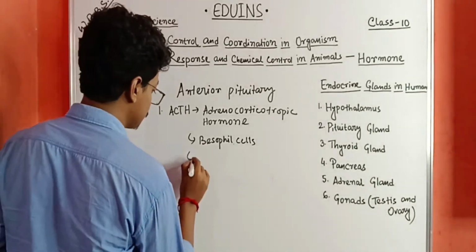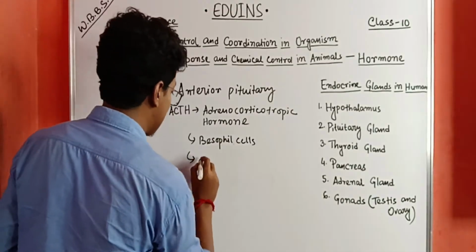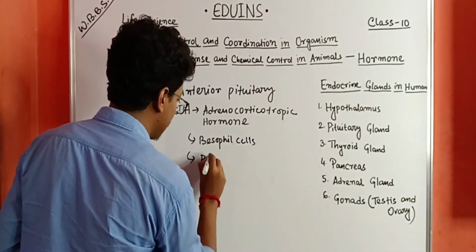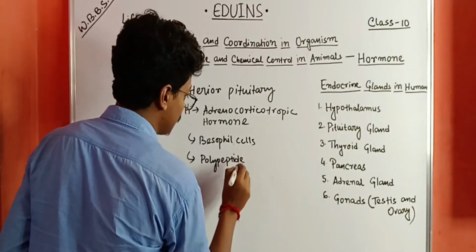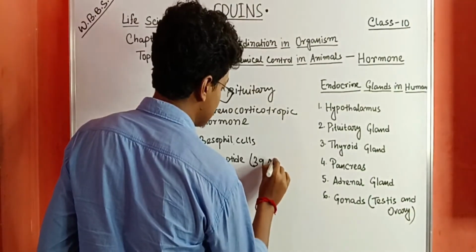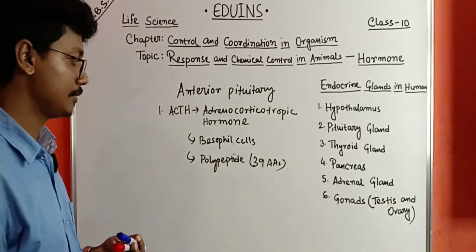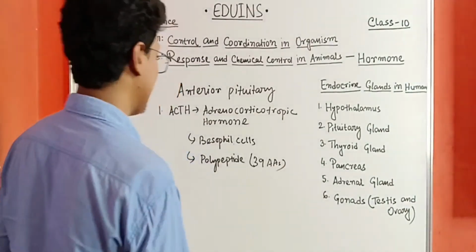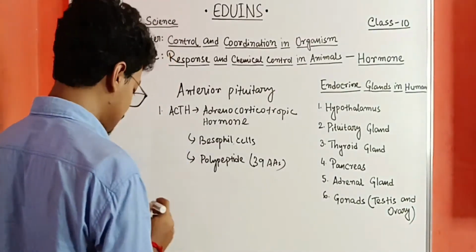It is polypeptide in nature. There are 39 amino acids present in ACTH. This is the characteristics of ACTH. So what is the function of ACTH?